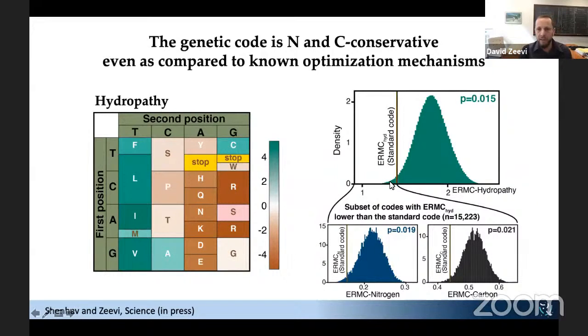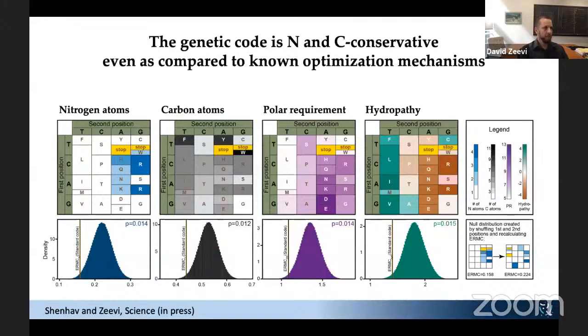When we look at the tail of the distribution that's better than the standard genetic code in terms of hydropathy, we still see optimization in terms of nitrogen and carbon. So basically, we have two additional mechanisms of optimization in the genetic code that weren't known so far, and they extend to all domains of life.